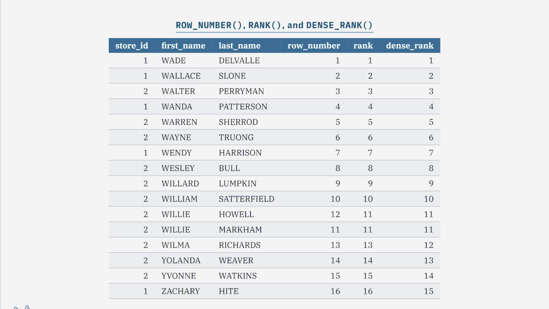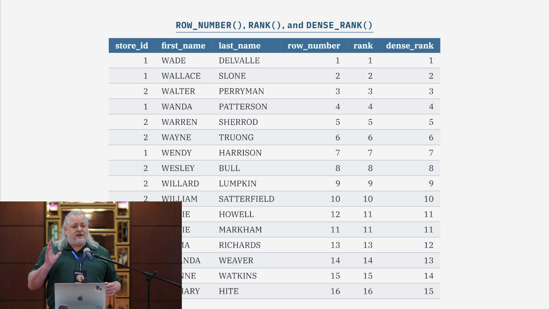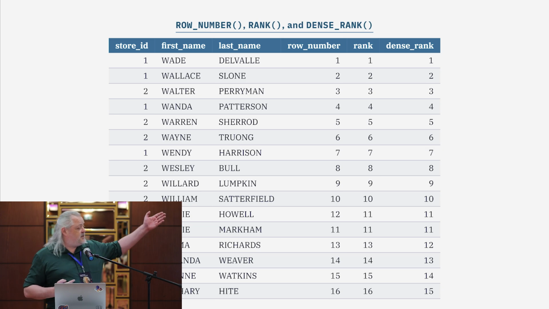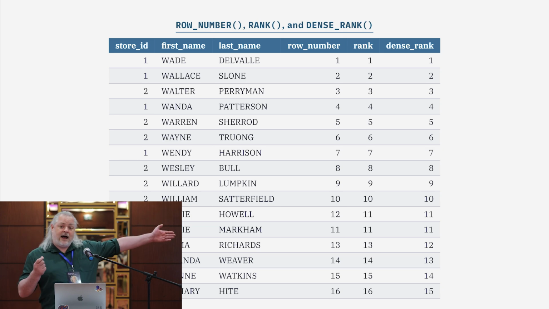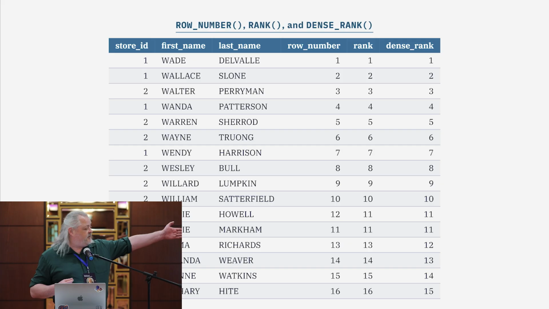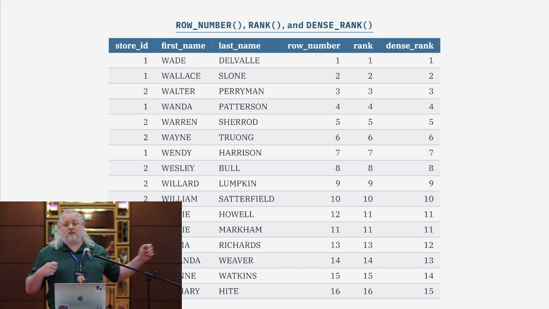The Olympic Games, when they have three winners, gold, silver, and bronze. But if somebody ties for gold, they give two golds, but the bronze person doesn't get silver, they get bronze, right? So that's what the rank is. You see the 11s, both Willies are tied, so they both get 11, and then in the rank, we skip 12 and go straight to 13.